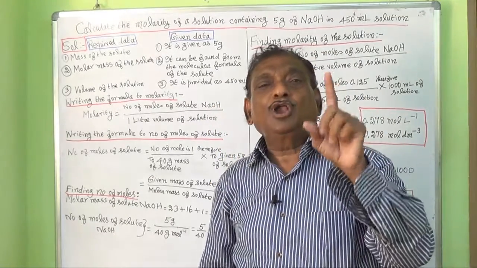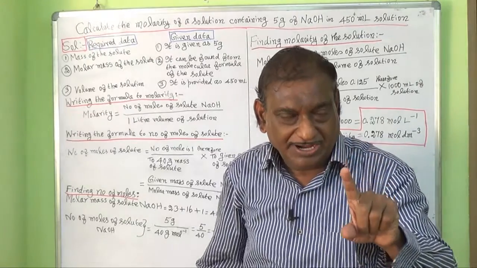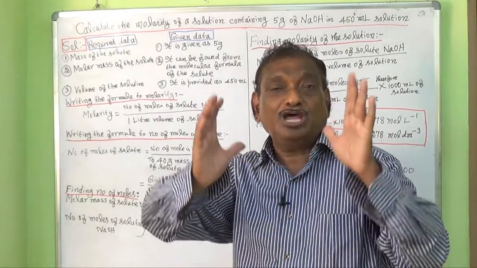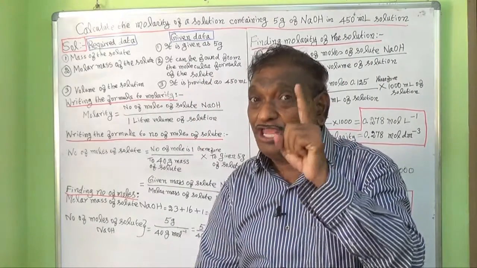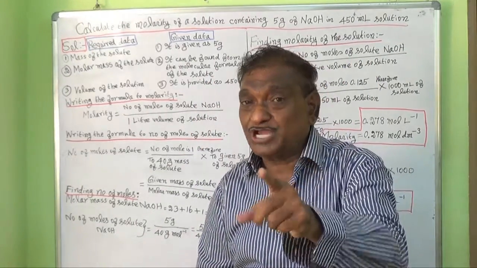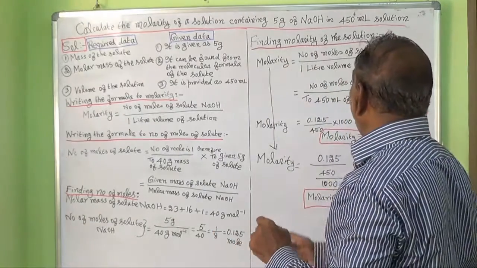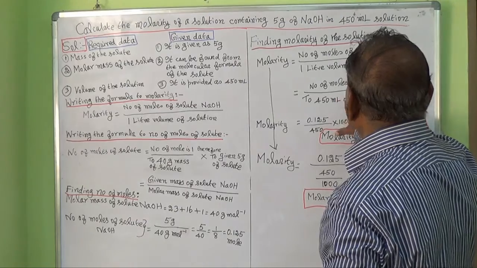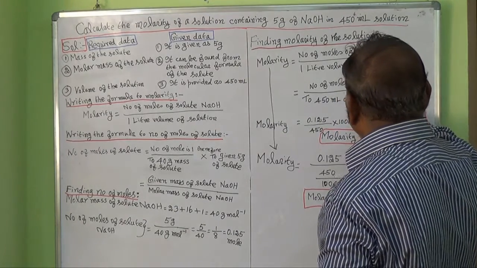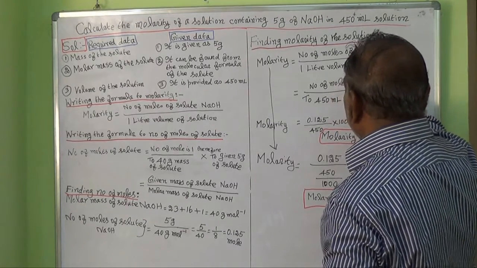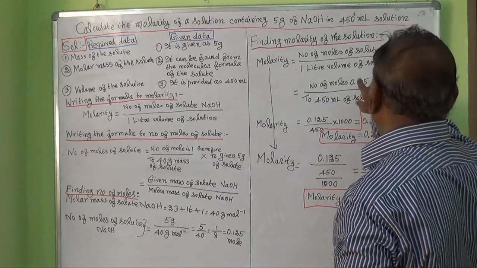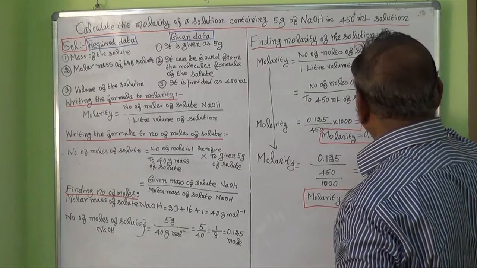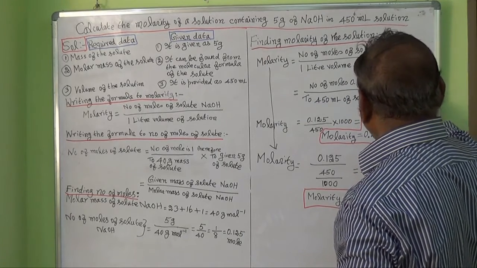To find the molarity of the solution, we need the number of moles of the solute dissolved in 1 liter of the solution. Therefore, I have written as to 450 ml of the solution, the number of moles is 0.125 as we have determined. Therefore, to 1000 ml of solution.